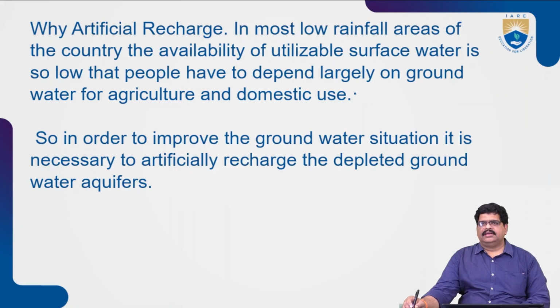Artificial recharge depends on the aquifers. Aquifers are the water storage in different layers: confined aquifers, unconfined aquifers, leaky aquifers, aquitard, aquifuge, and aquiclude. These are the storage capacity of the groundwater.